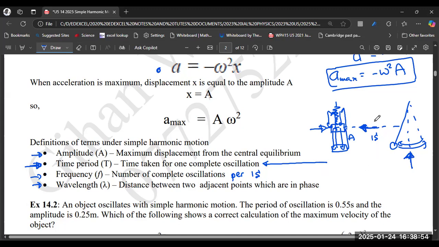Then next we will say start the stopwatch after a few oscillations. We let it oscillate a few times, and only then we start the stopwatch.